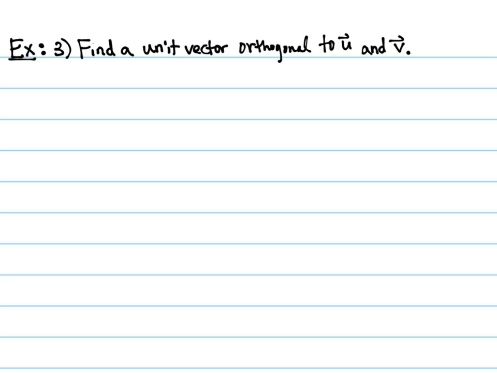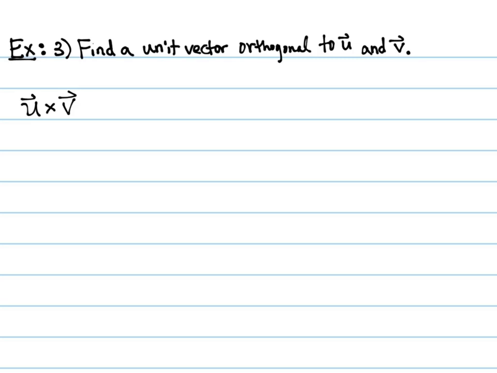What are we literally going to compute? Okay, so we're literally going to compute the cross product, and the cross product will give us an orthogonal vector. And then we need to take the magnitude of that, and we're going to have to divide by it. That's how we find unit vectors: we divide by the vector's magnitude.